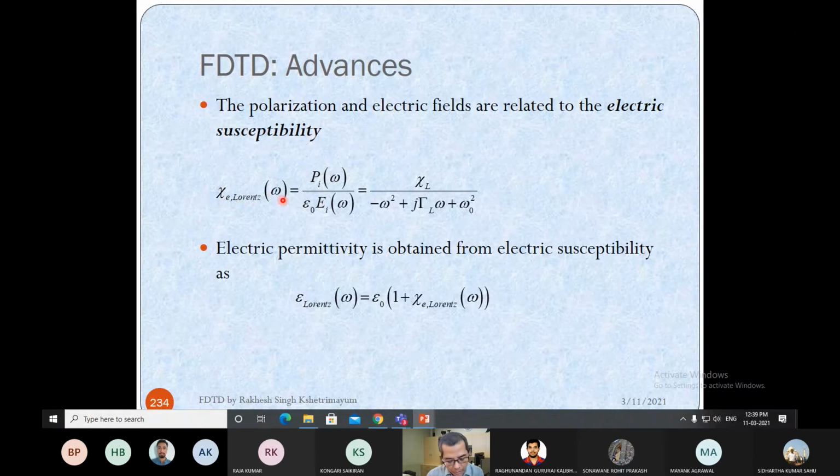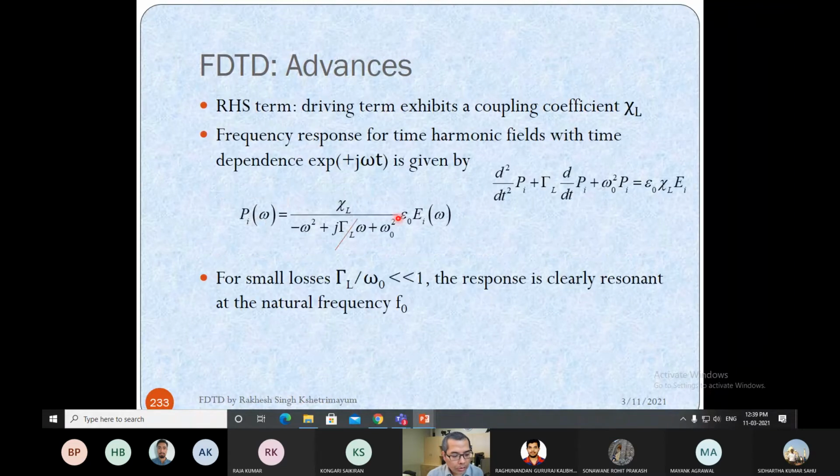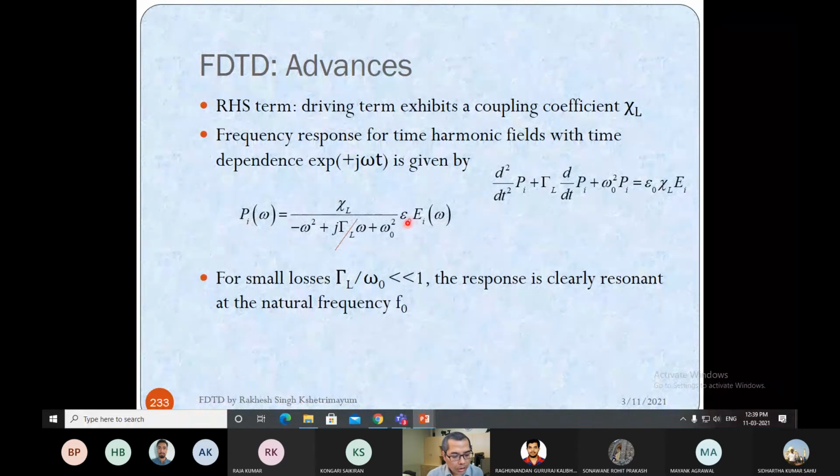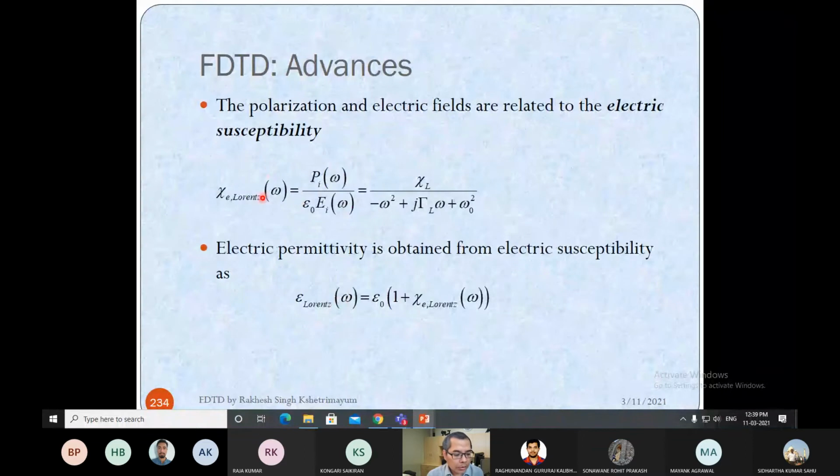So looking at this expression, P by epsilon 0 Ei omega would be chi L divided by this term here. So the electric susceptibility can be expressed as chi L, the coupling coefficient, divided by minus omega square plus j gamma L omega plus omega naught square, where gamma L is the damping coefficient and omega naught is the natural resonant frequency.